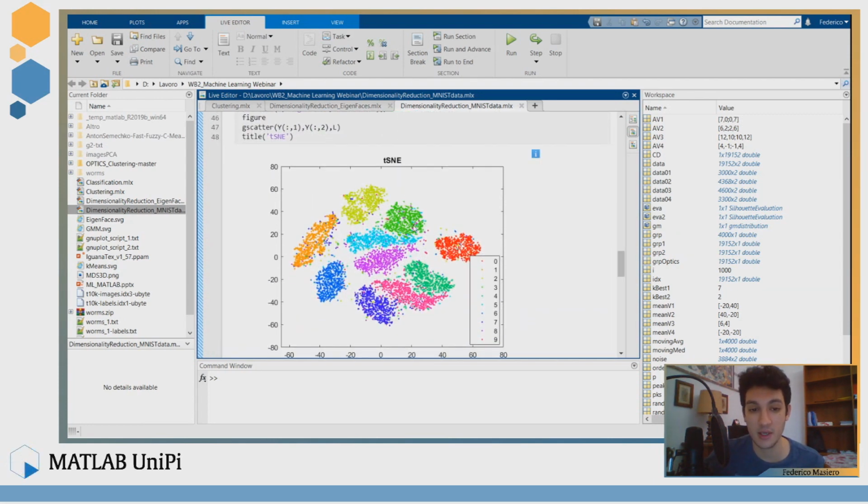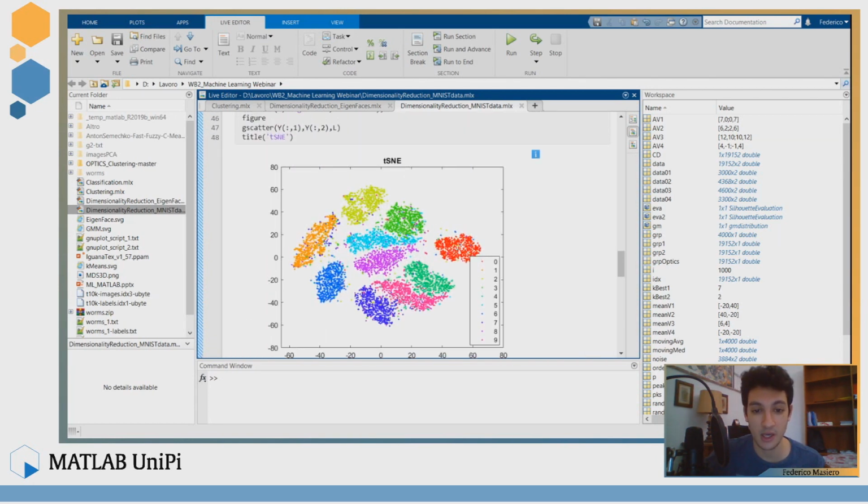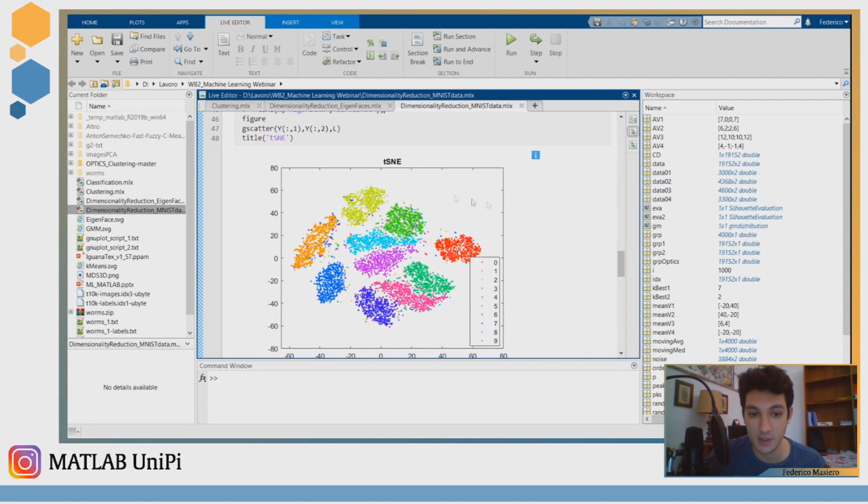Instead, this one is based on stochastic features present inside the algorithm. I mean, they can give good results, but they also require particular tuning of the parameters that these algorithms require.